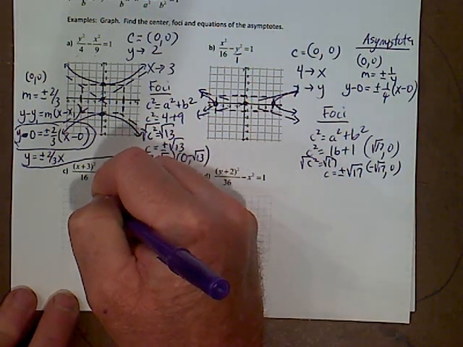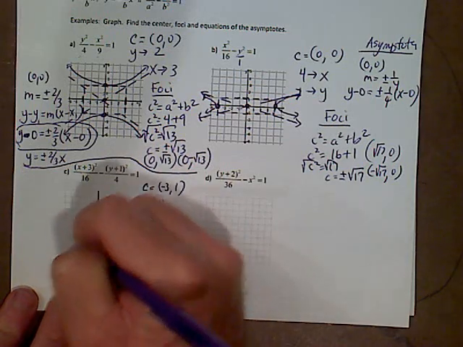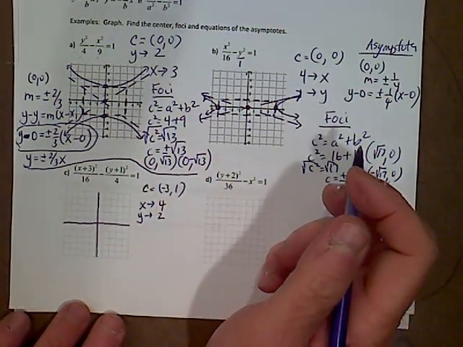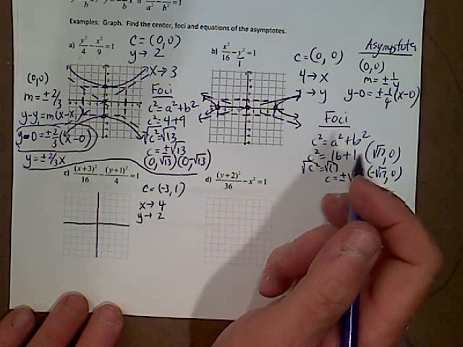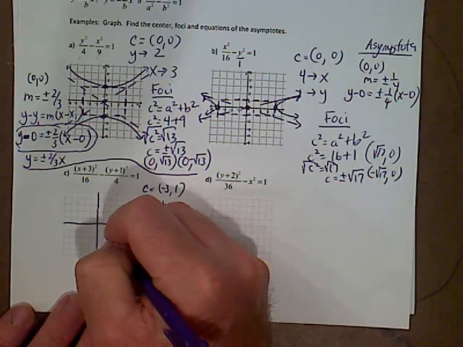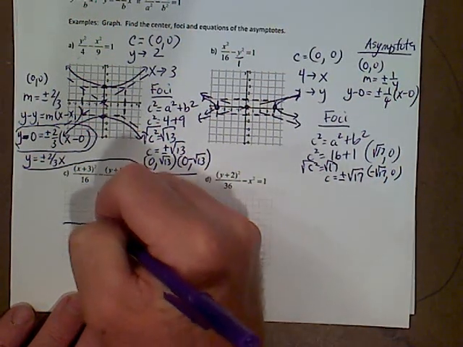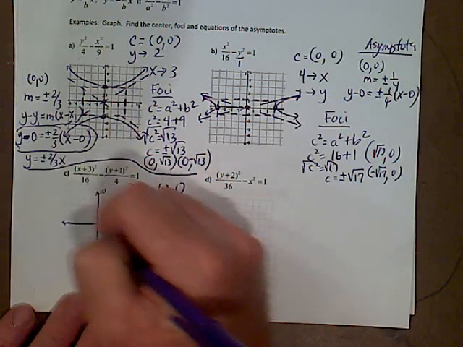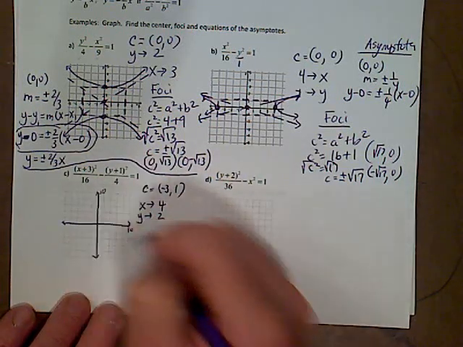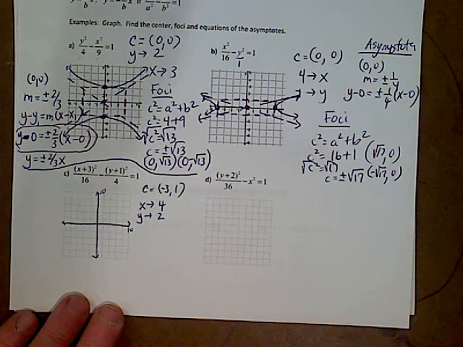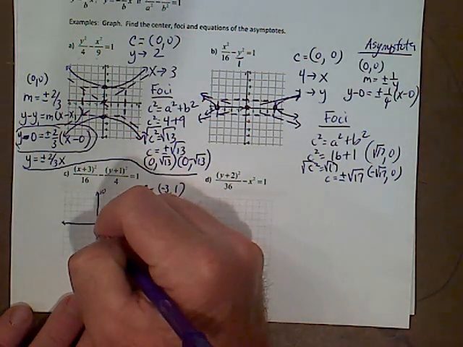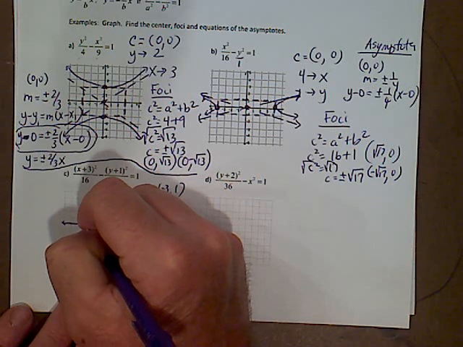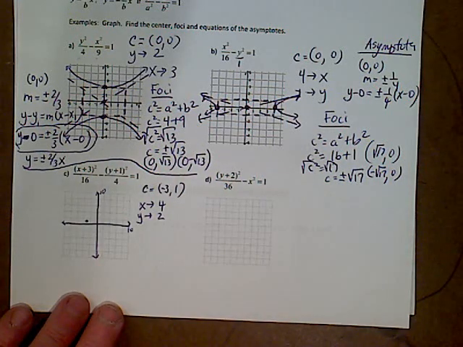I'm going to do this graph by 2's to make it all fit. 2, 4, 6, 8, 10. 2, 4, 6, 8, 10. Now we're going to have to pay attention to what we got going when we go to find those equations of asymptotes. The center is -3, 1, which is going to be in the center of a box if you're using the notes.